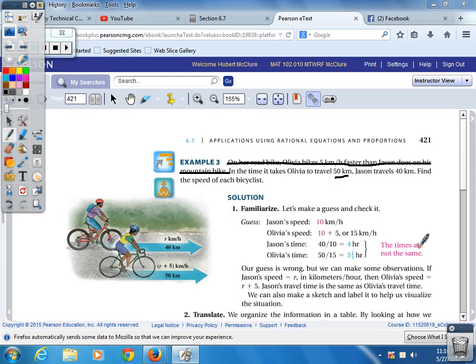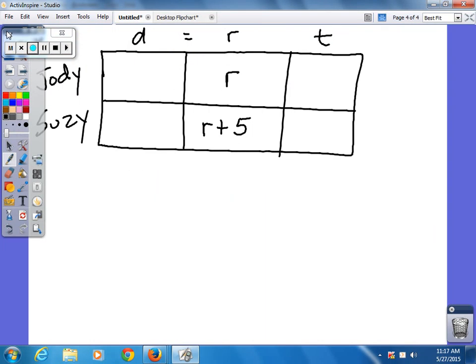And that is, somebody said, distance. So Jody travels 40 and Susie travels 50. So you take up your whiteboard and Jody travels 40 and Susie travels 50.